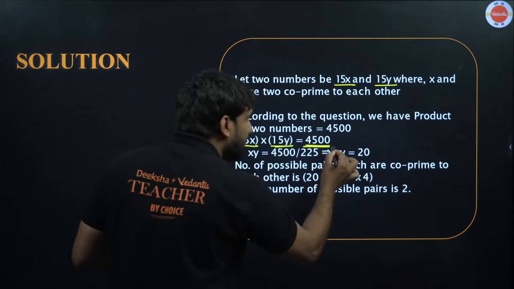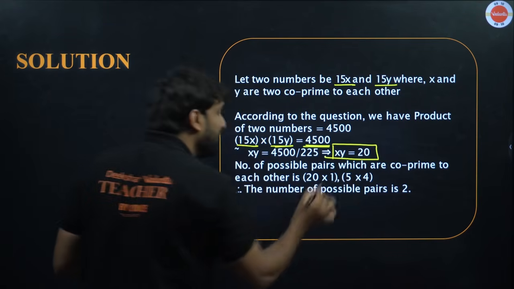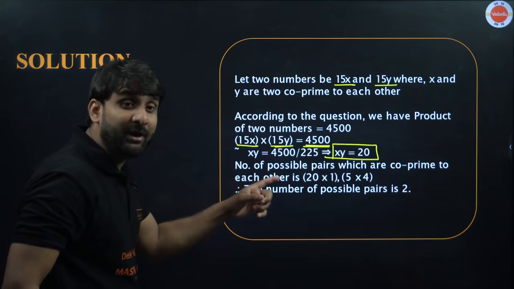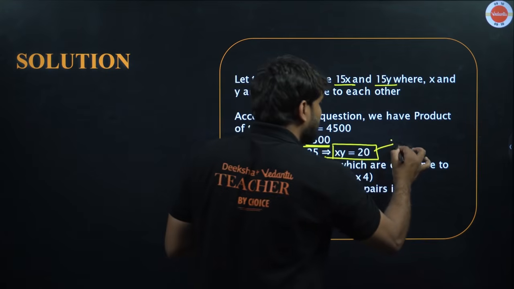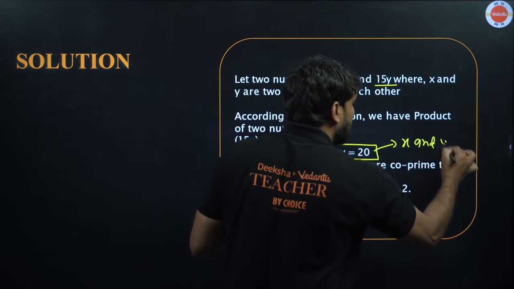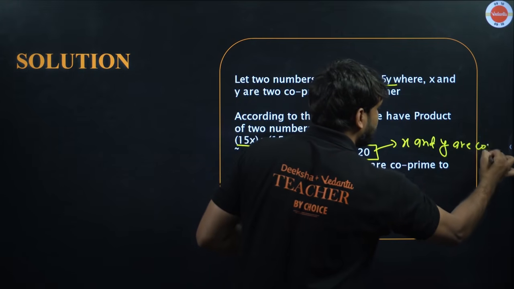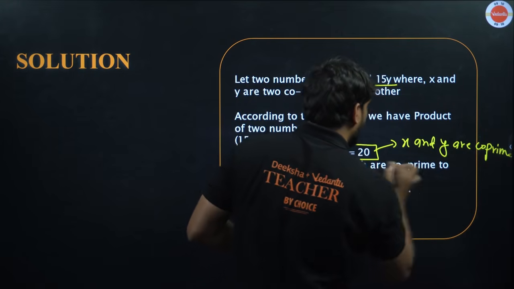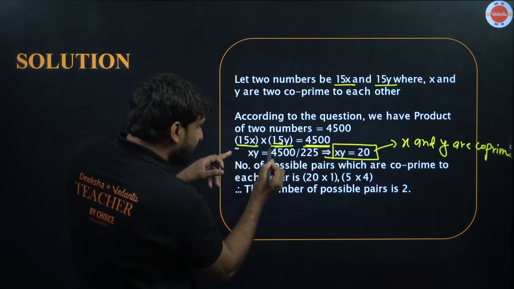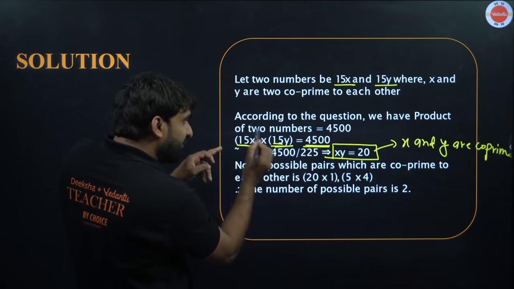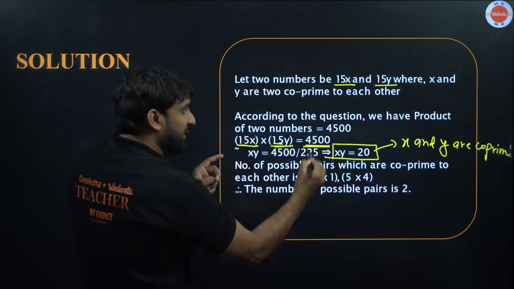So we get xy equal to 20. Now we have to make pairs whose product is 20, but make sure x and y are co-prime. How do we get xy equal to 20? Listen, 15x into 15y: x into y, and 15 into 15 is 225.